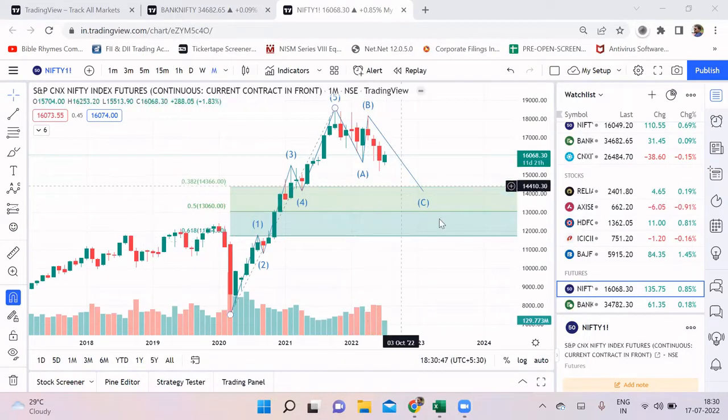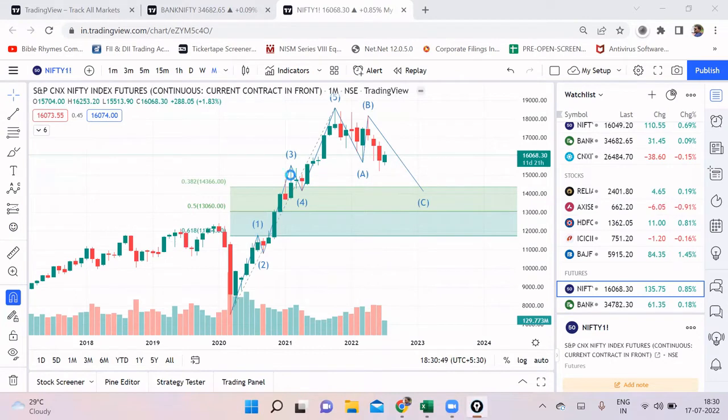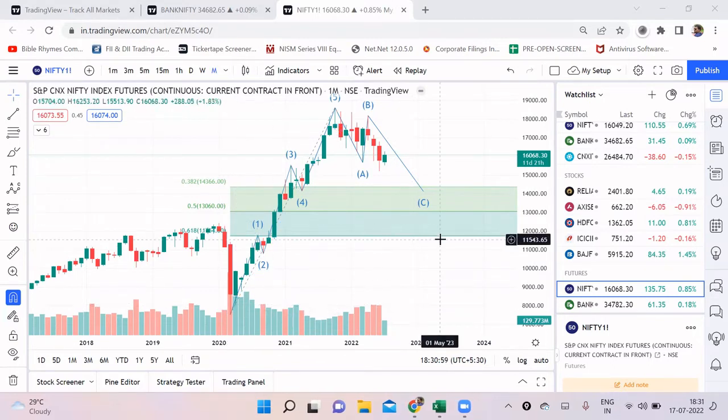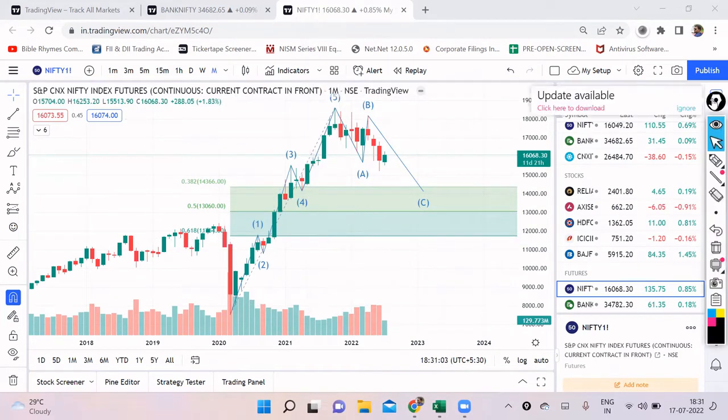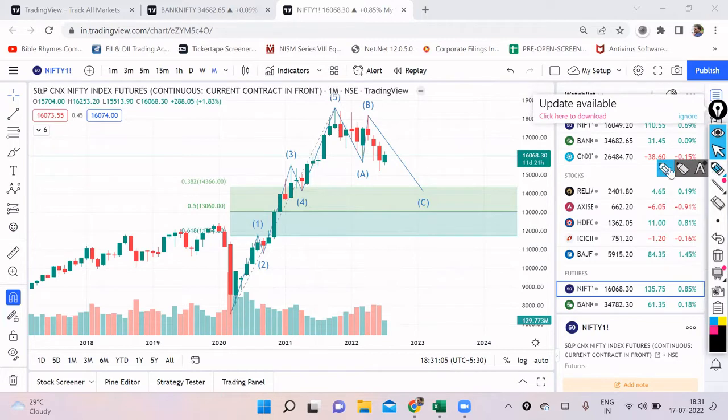If you look at my chart, these are the Elliott Waves that I have drawn on a monthly time frame, starting from the low made during the COVID period till the all-time high that Nifty made somewhere here.